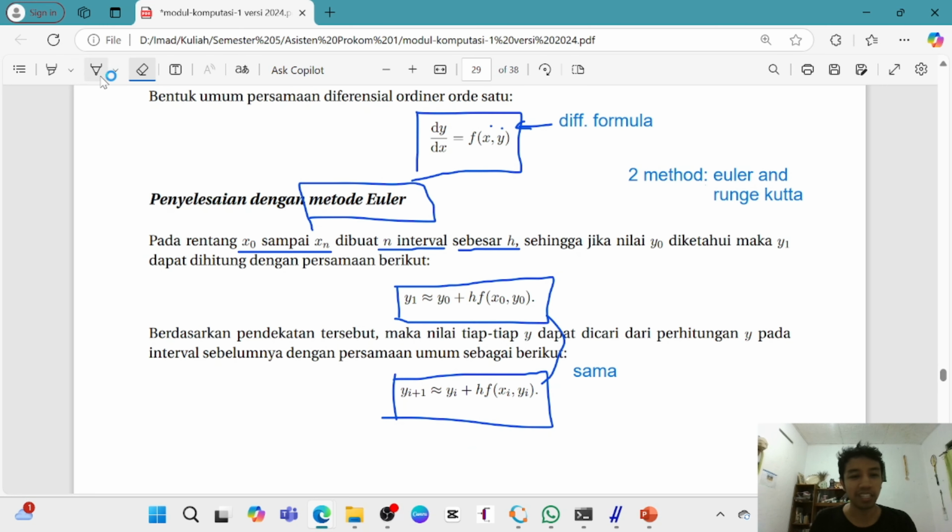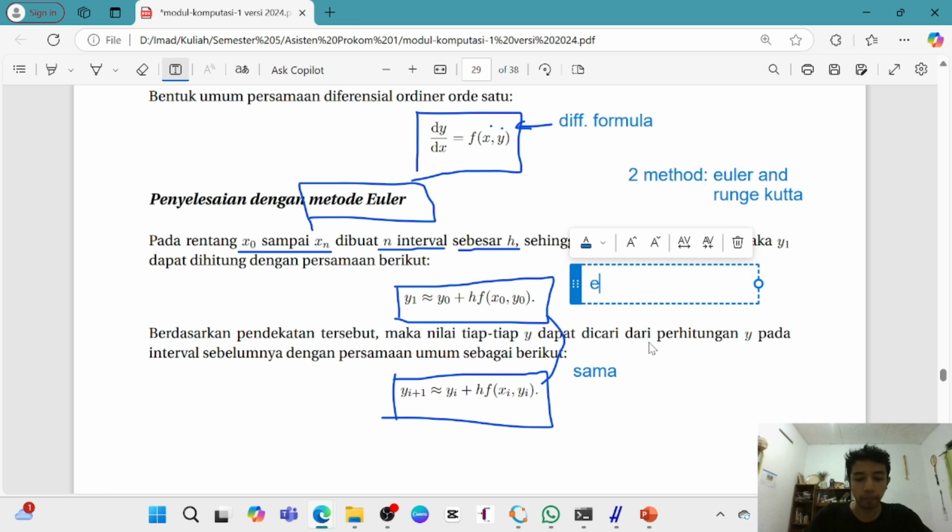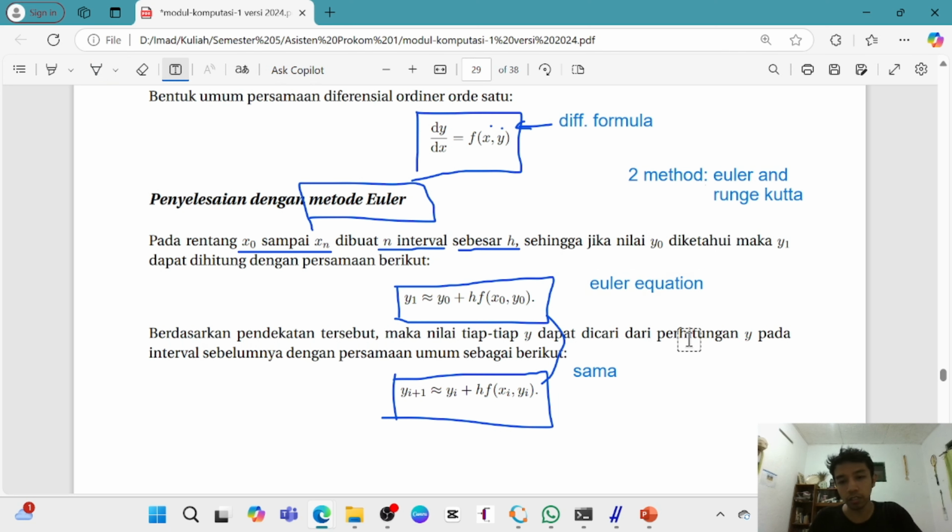Sorry for my accent. This is the Euler equation. In this Euler, we have y. The y is like in the graph, in the plot.